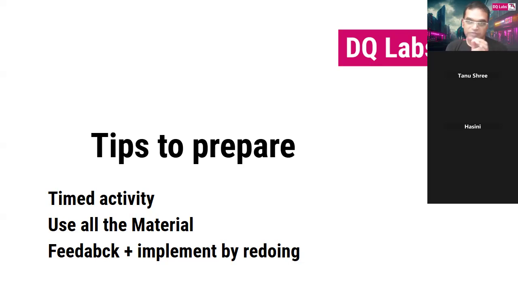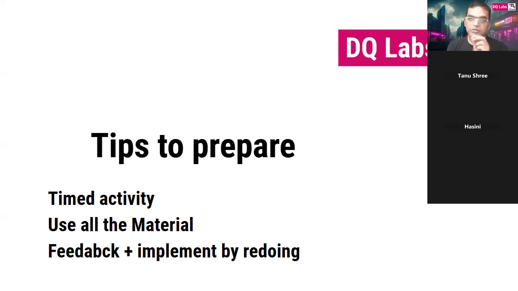Try to finish everything within 2 hours, inclusive of writing, because it is for practice, right? If you get more time, it is always better. But plan for 2 hours of model making, inclusive of writing. Okay, that's number one. And number two, please use all the material that is listed in the question.